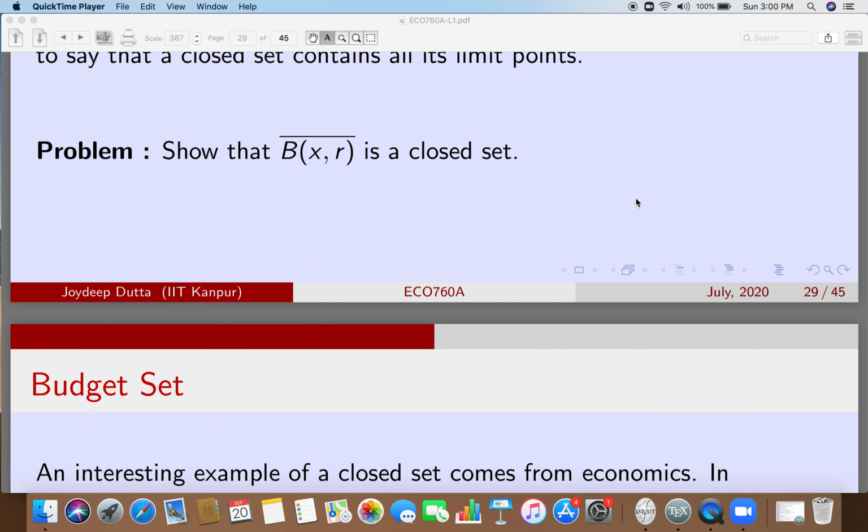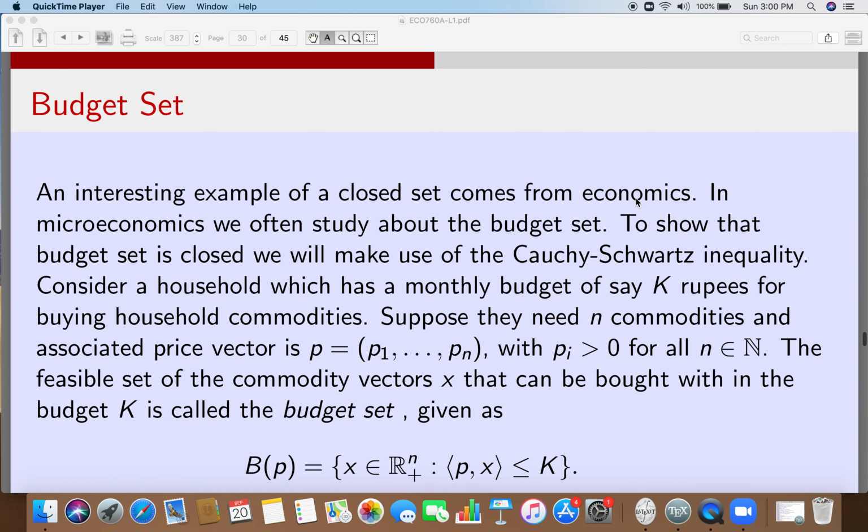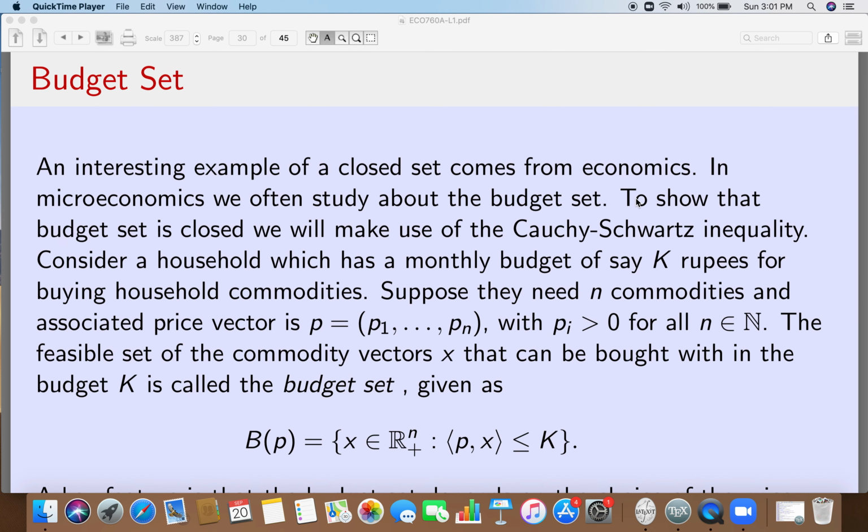So how can we give an example of a closed set which economists use? The closed set that an economist uses, which can be very easily understood, is the notion of a budget set. Suppose I am a consumer, and I know that my monthly income is fixed at K, it doesn't go above it. Now I want to go to the market and buy some commodities.